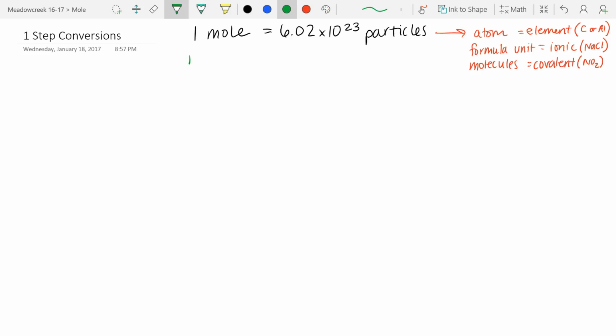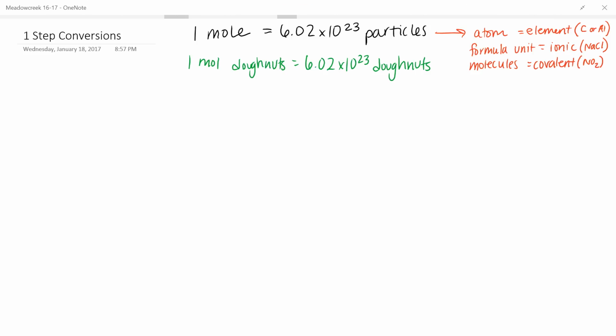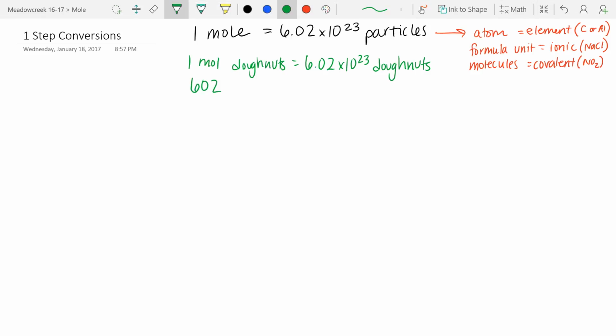But like I said, particles just means things. So if I had 1 mole of donuts, I would have 6.02 times 10 to the 23 donuts. Now, if you need to know how big that number is, it's literally 602 with 21 zeros behind it.